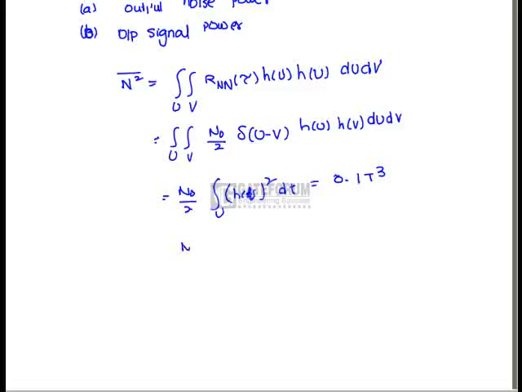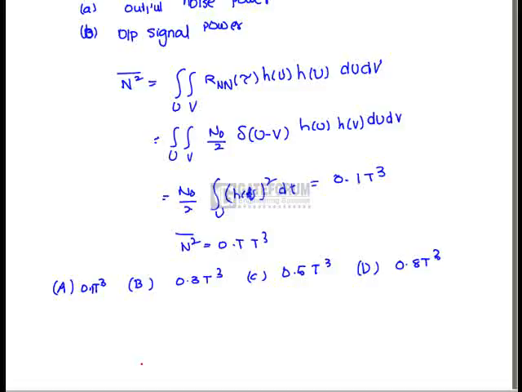Output noise power equals 0.1 t cube. Regarding part A, the output noise power equals 0.1 t cube, which is option A.